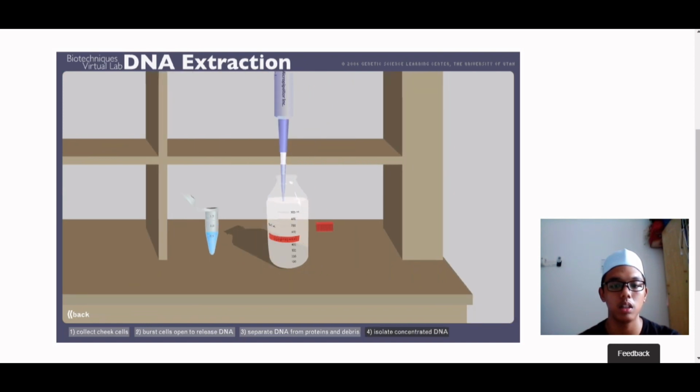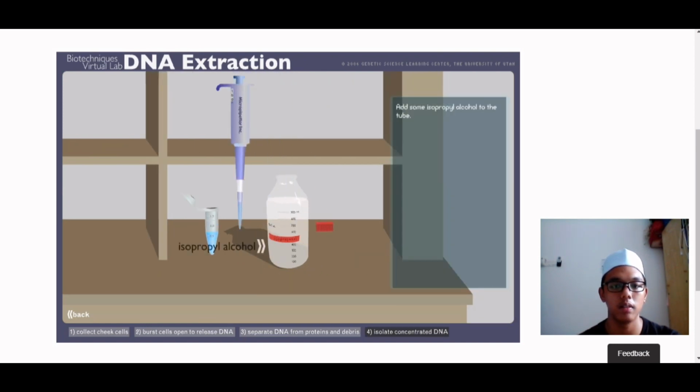Lastly, we will isolate concentrated DNA. We will add some isopropyl alcohol to the tube.